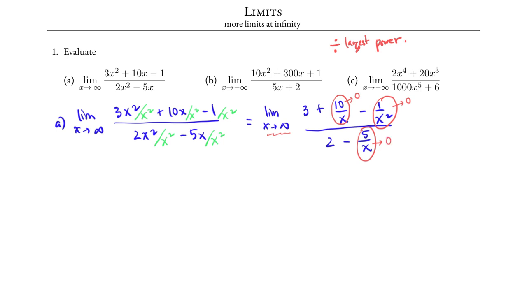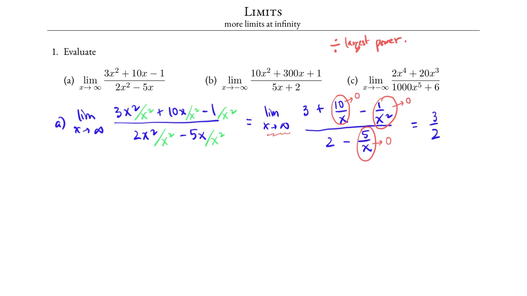We can say that because of this limit notation here. This is why we need to keep writing this limit at this step. Without this limit notation telling us that x is getting to a very large number, we will not be able to do this. What we end up with is 3 over 2.